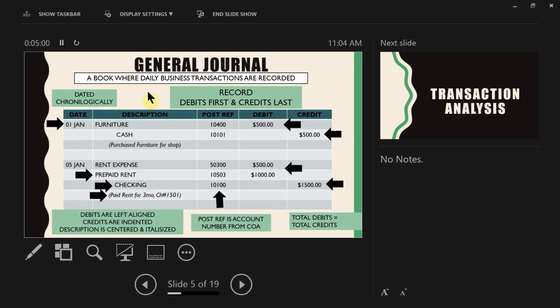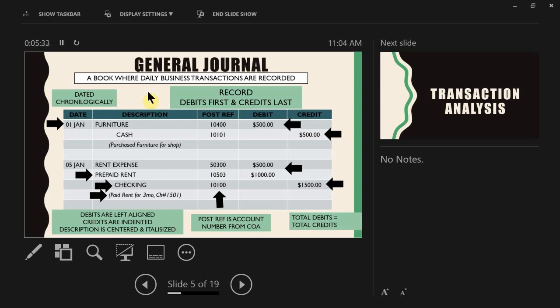So what that means is when you're doing your debits, it's always going to be left aligned. Okay? It's going to be the first thing that you recognize, and it's going to be the first account that you list. Any account that is a credit is going to be determined with an indent, or if you use Excel, you can actually just have the cell over.